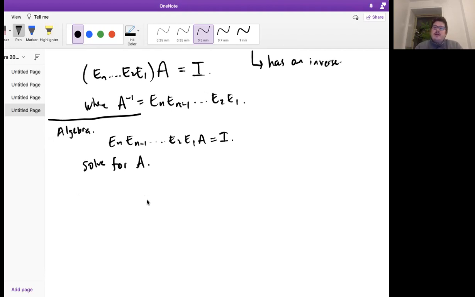Think about that. Pretend these were numbers with an X in it. How would you solve for X? Yeah, you would divide, right? Division is kind of weird in matrix world. What's the analog of division in matrix world?